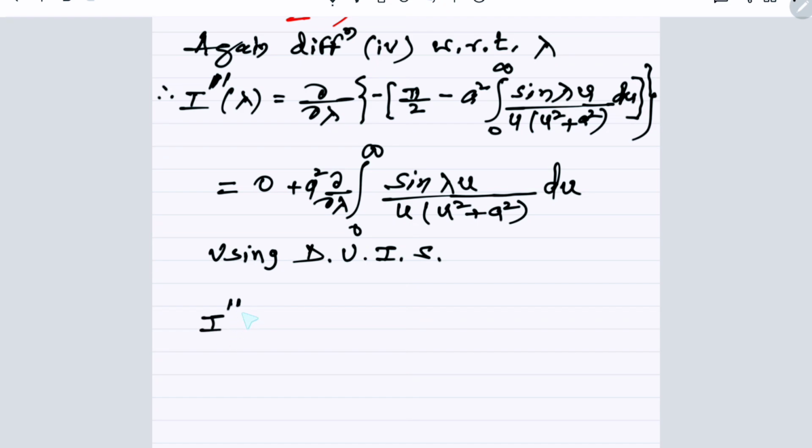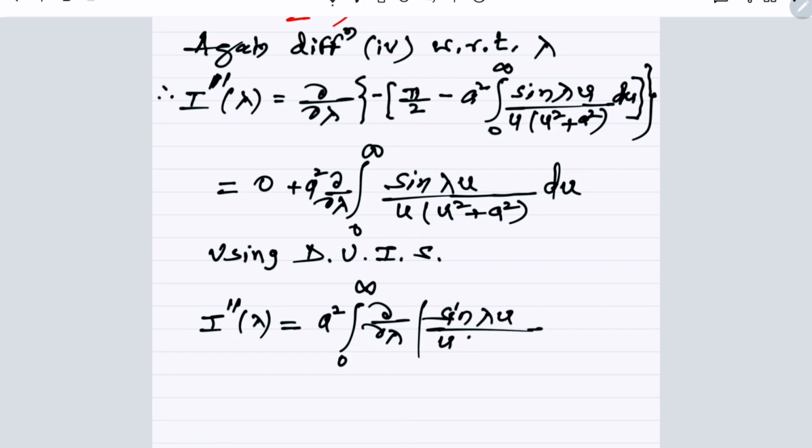I double dash of lambda is a square integration from 0 to infinity, the derivative of sin lambda u with respect to lambda divided by u into u square plus a square, and then its integration with respect to u.